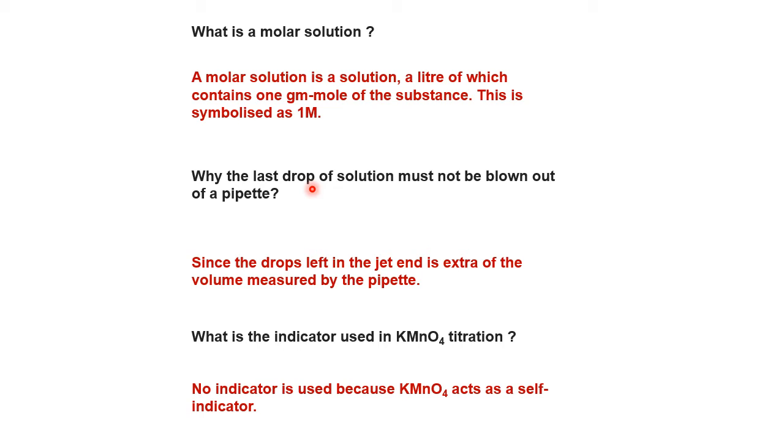So a 10 ml pipette is 10 ml, and that is extra at the bottom. Therefore, even if you lose 1 or 1.5 or 2 drops, it's not a problem at all. So let's not blow. Otherwise, that extra drop will come to the conical flask and cause extra consumption of the burette chemical. So as a precautionary measure, we don't blow whatever is left at the bottom of the pipette.